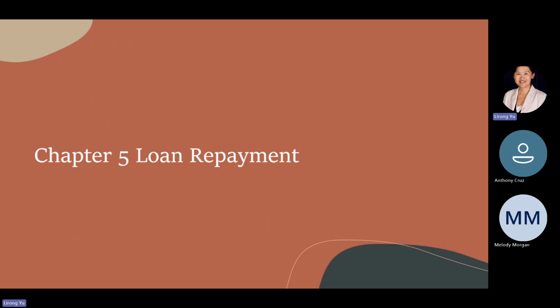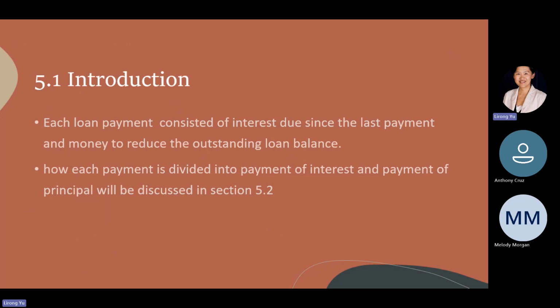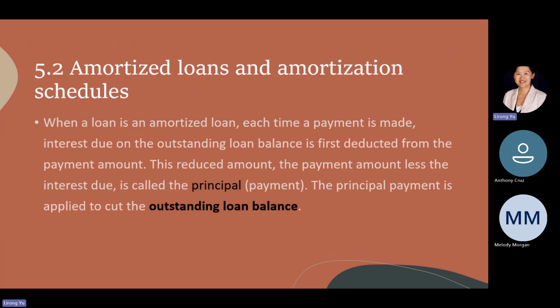In chapter 5, we focus on loan repayment. If you borrow money and you're trying to pay it back, there is a plan, or normally the bank accepts a certain form of plan. They send you a monthly payment bill to remind you to pay on time. Section 1 is basically introducing what this whole chapter is. We went over most of this.